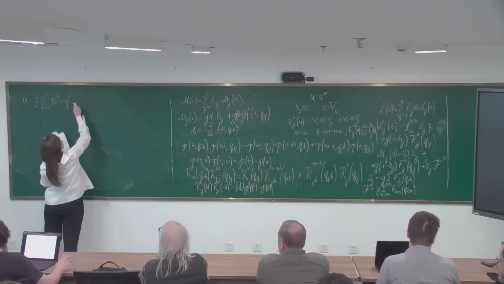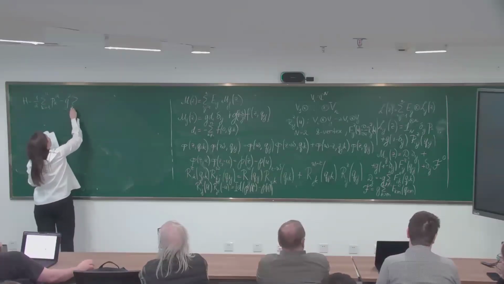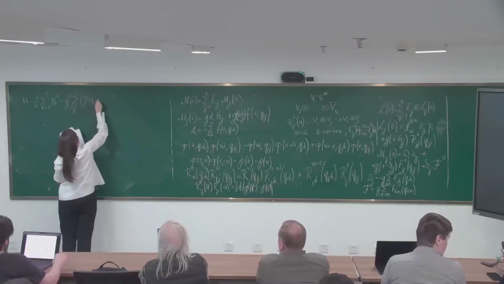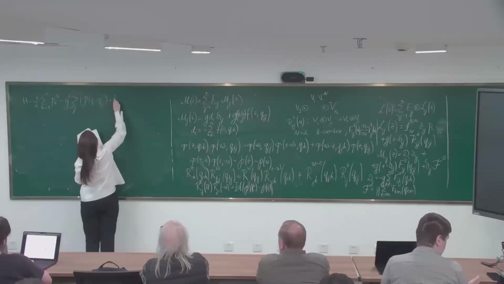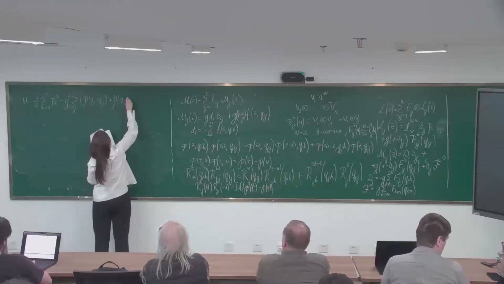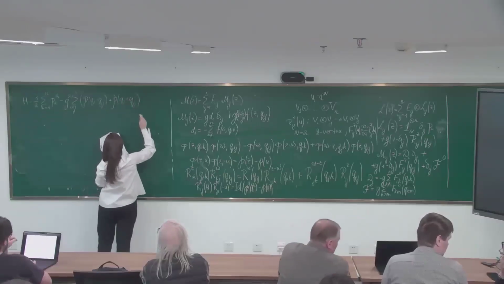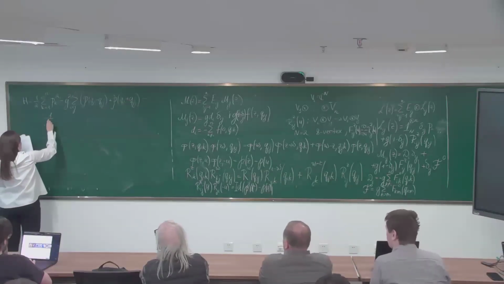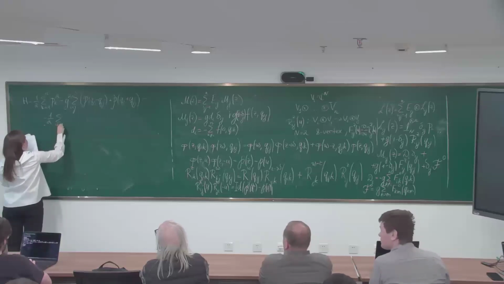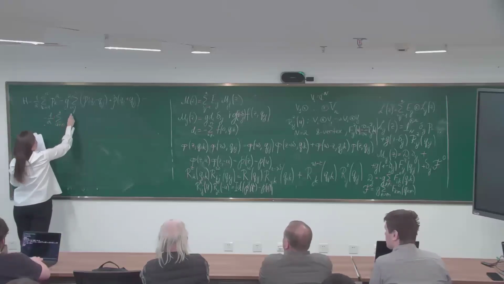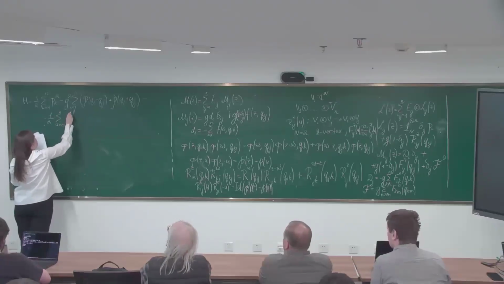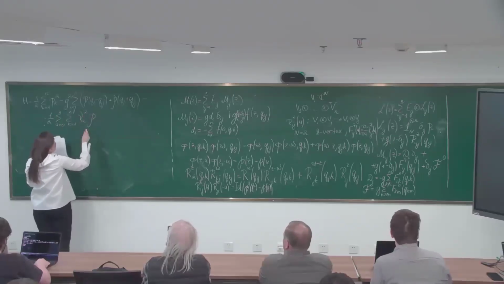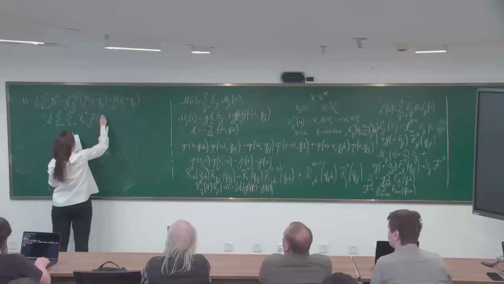Five arbitrary constants: the coupling constant G, which we had before, and four additional parameters.